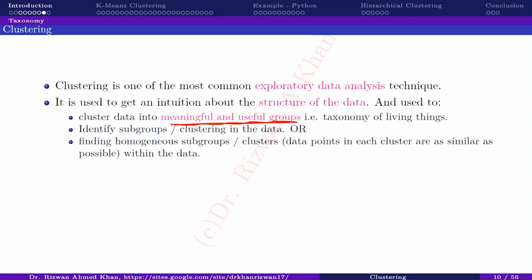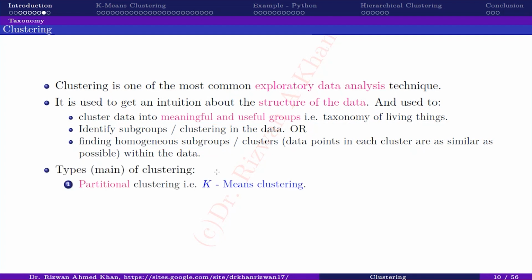We try to find the right, meaningful structures within the data, and it is about finding homogeneous subgroups. Homogeneous is about similarity. The data within the cluster should be homogeneous, should be the same, so that the cluster becomes more meaningful. If it is not homogeneous, there is no point in making clusters, right?